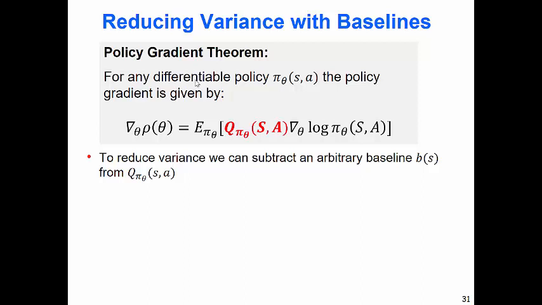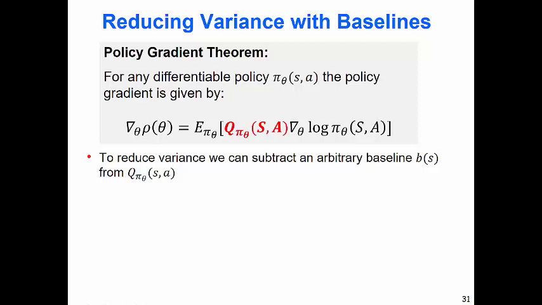All right, so now what we'd like to do is reduce the variance. And we can do that by subtracting something we're going to call a baseline from this Q function, right? And so the Q function has sort of information about how good the state is and how good the action is.